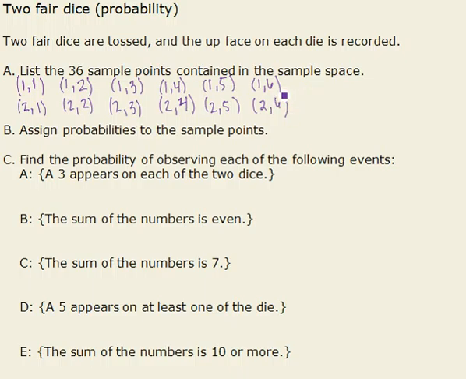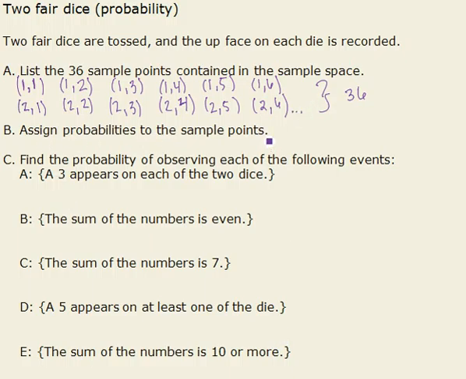And you can see that there are 6 in each cluster, I guess, if you want to call them. 6 when you start with a 1, 6 when you start with a 2, and so on. So we would have a total, again, of 36 sample points.